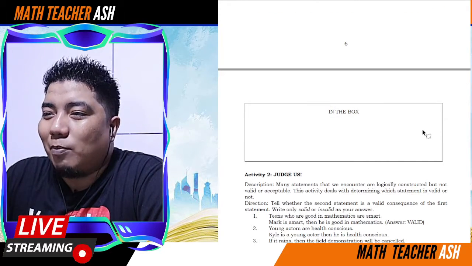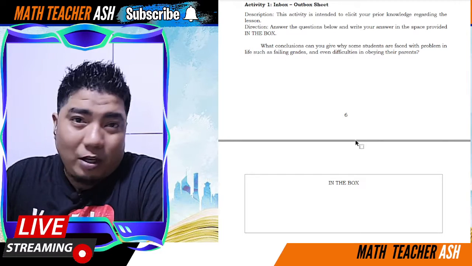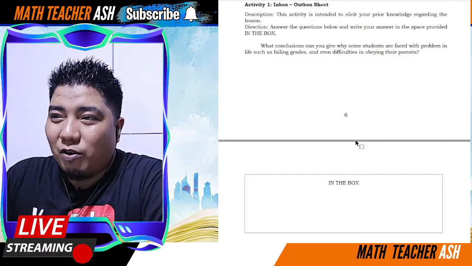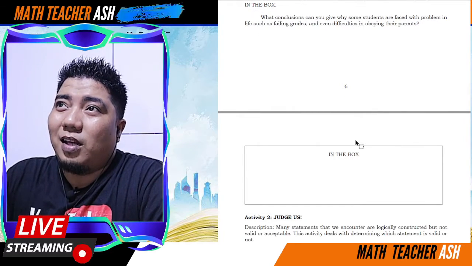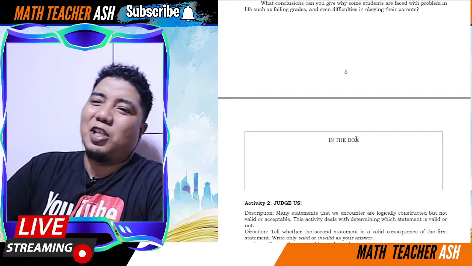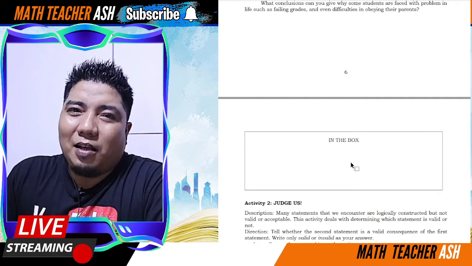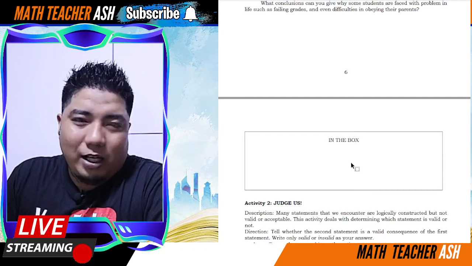Ilalagay mo yan dito. Of course, this is opinionated. Pwede mo ilagay kung ano yung mga dahilan or ano yung mga pwede nating sabihin. We therefore conclude, or generalizations natin kung bakit nafe-fail ang bata and kung bakit nahihirapan silang sundin ang kanilang mga magulang.